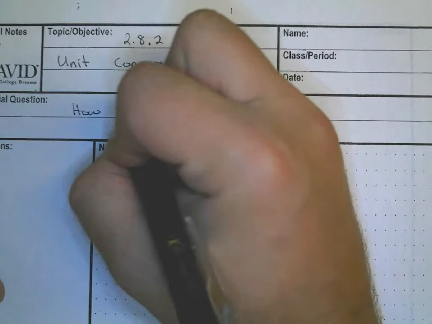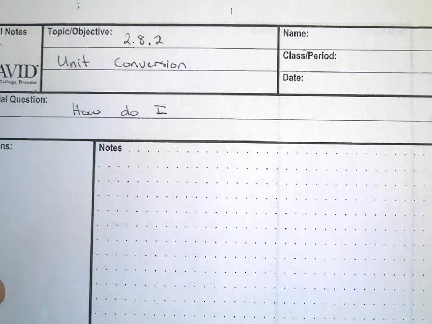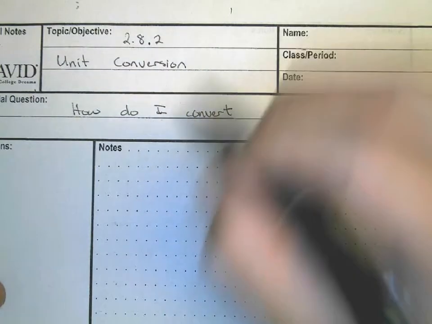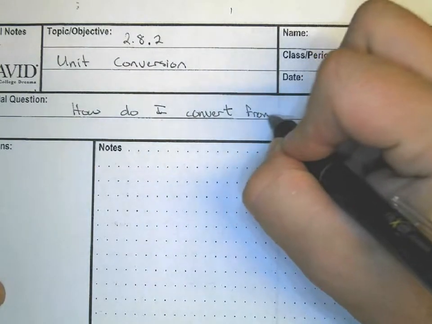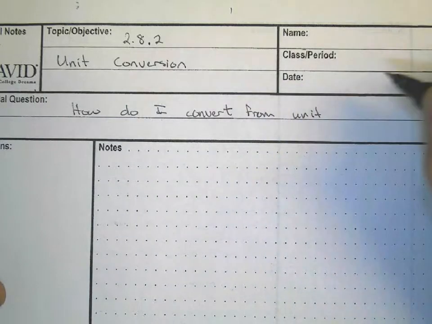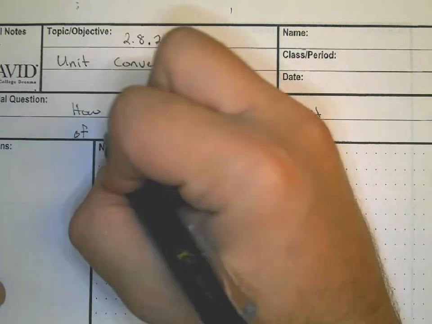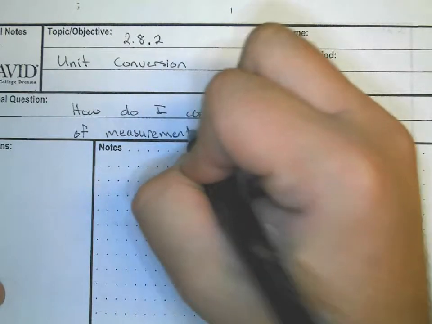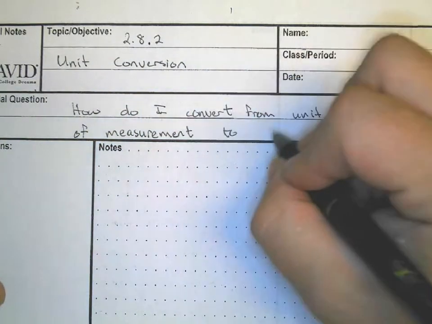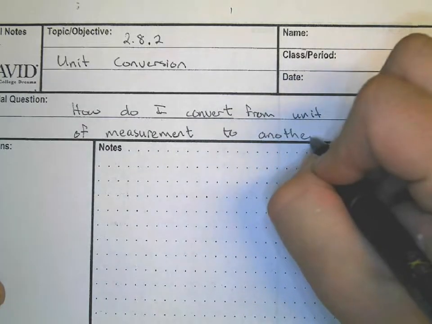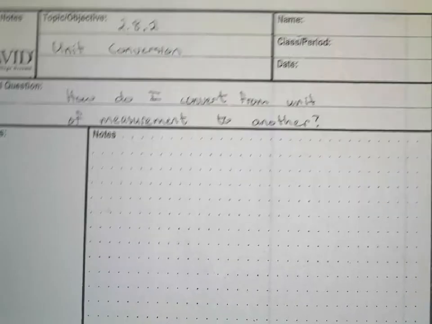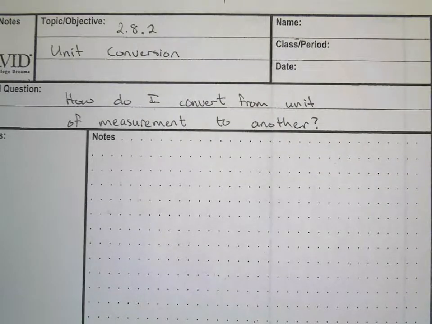Our essential question is going to be, how do I convert from one unit of measurement to another? So how do I convert from one unit of measurement to another?